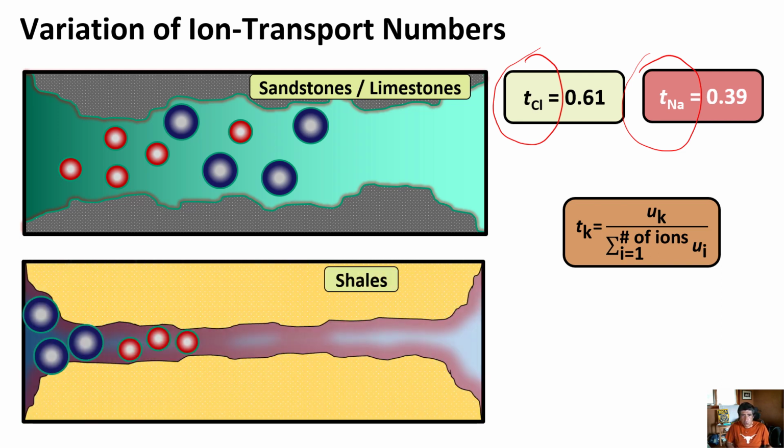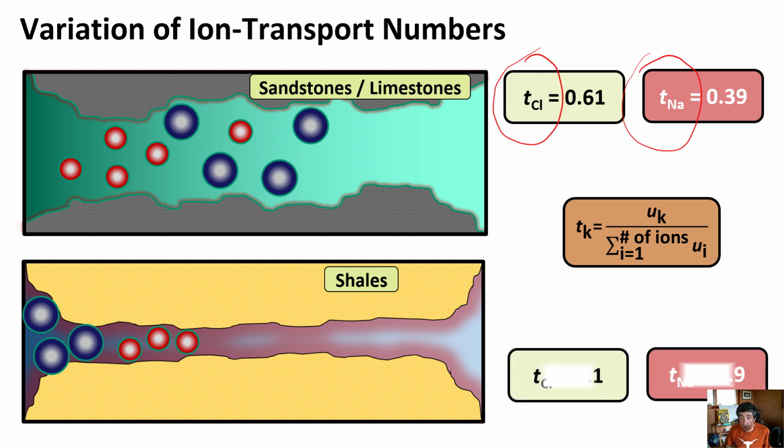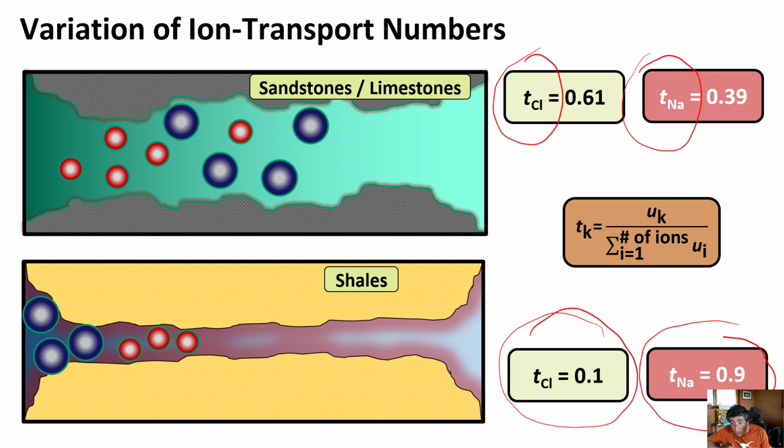Now, what happens if we decrease the throat size like in the case of a shale? Well, it turns out that when you do that in shales, the transport numbers between the two become much more different. In this case, the chlorine is 0.1, close to 0, compared to sodium, which is 0.9, close to 1.